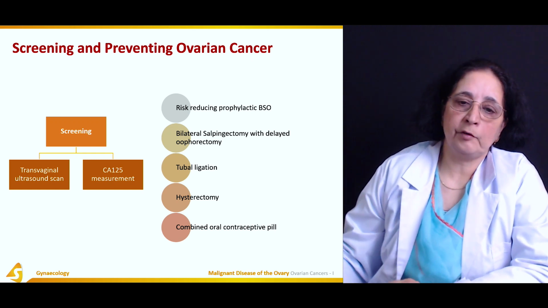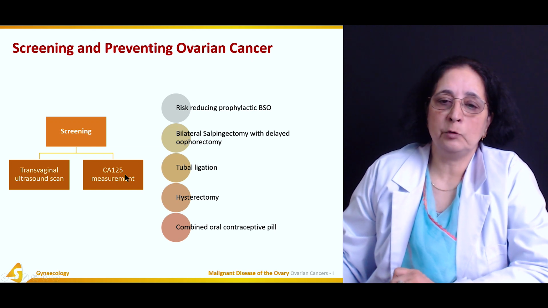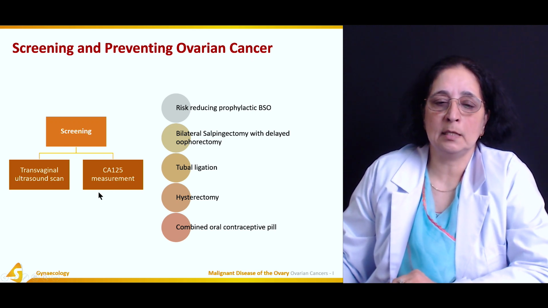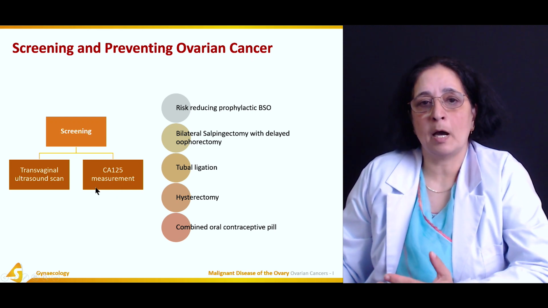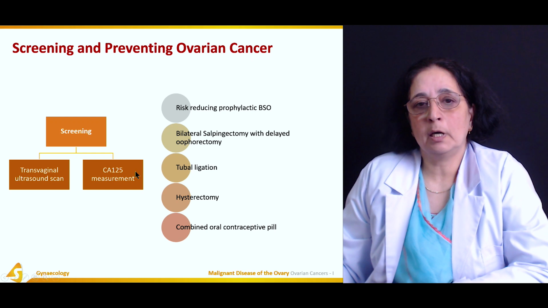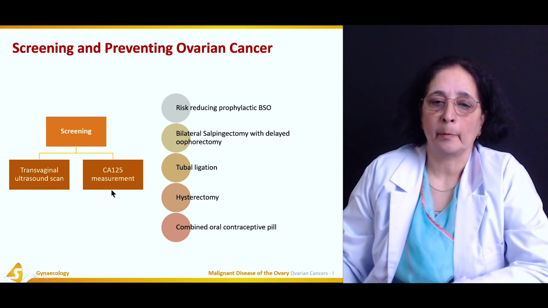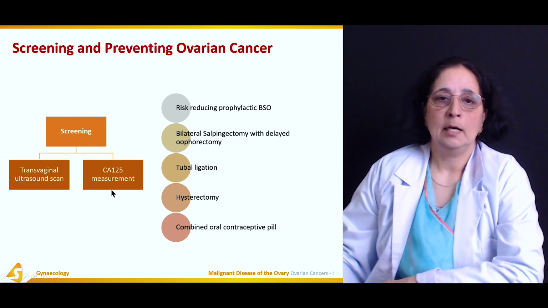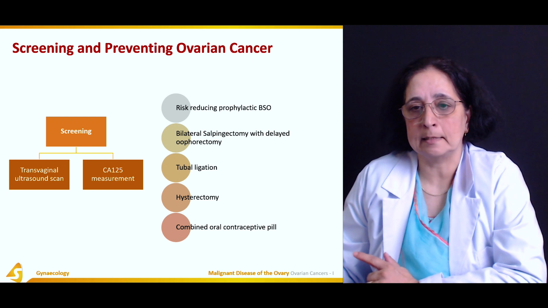Another important screening test for ovarian cancer is CA125 measurement. This is the malignancy marker, a tumor marker, and it is increased in case of ovarian cancer. So it's a very important diagnostic screening test for ovarian cancer.